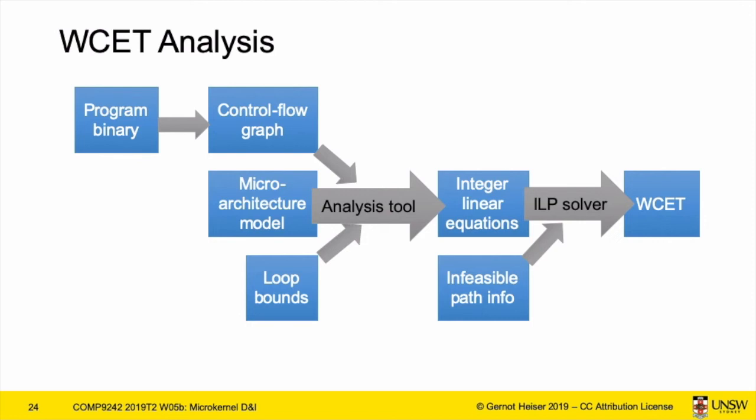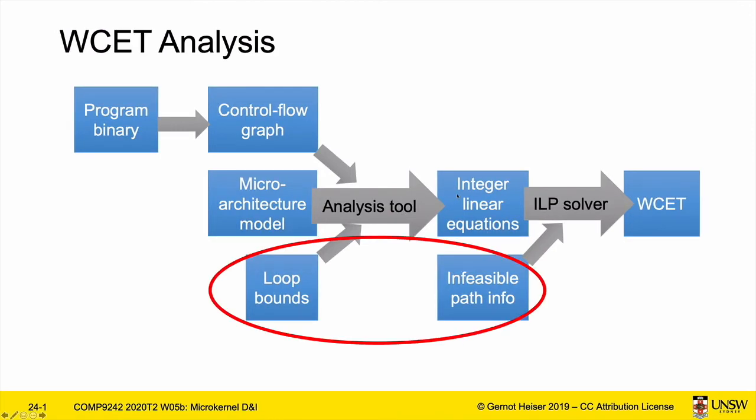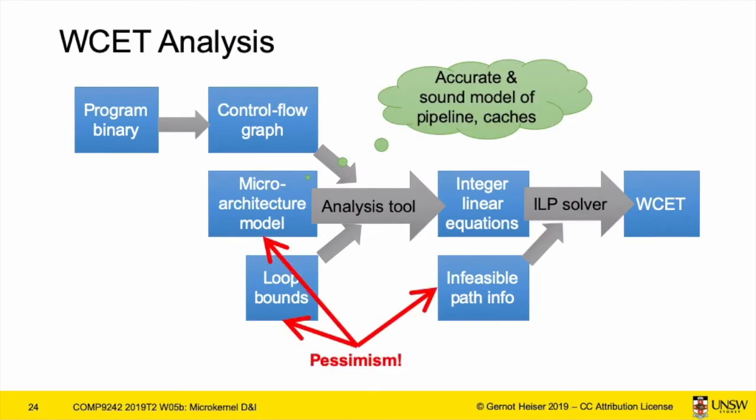The typical analysis tool only does the upper part of this graph, and these things are fed in externally. They are obviously where you can get a large amount of pessimism. If your loop bound analysis is not tight, you may overestimate the loop bounds.